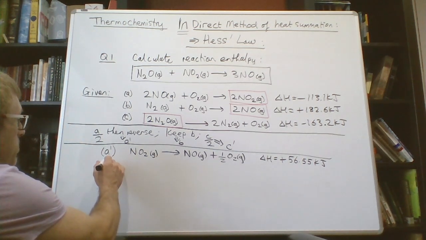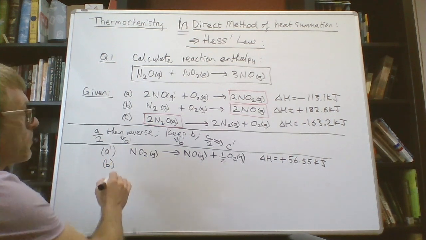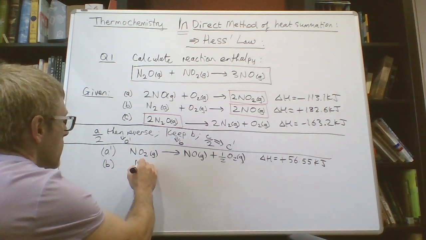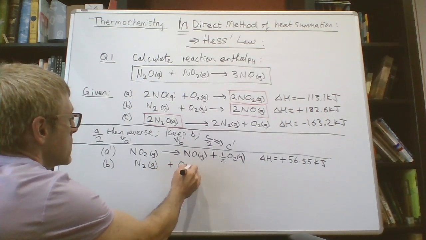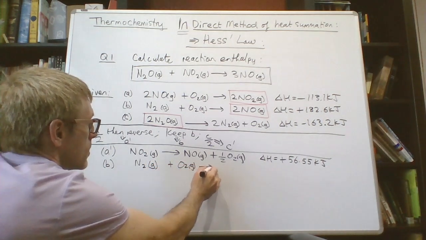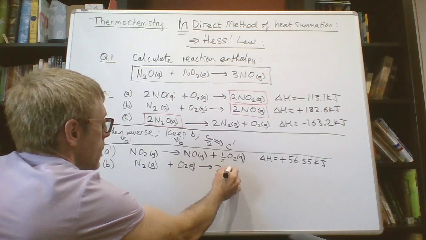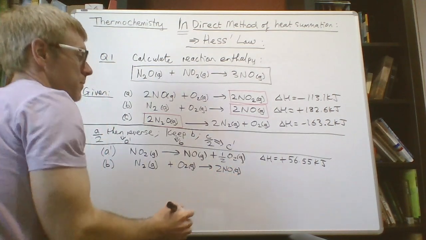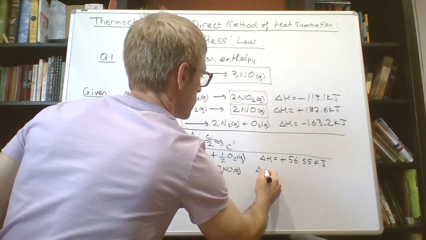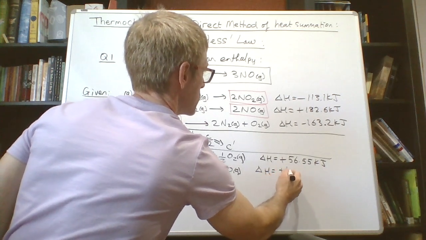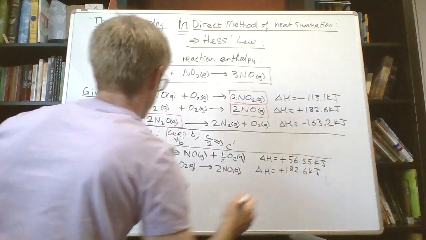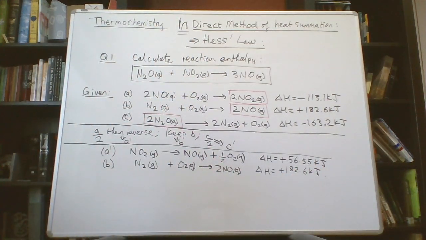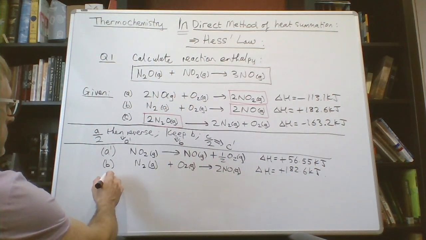I'm just going to keep B, so I'll just rewrite B the same way. So N2 gas and O2 gas to give 2 NO gas. And I'll just rewrite the enthalpy value. Enthalpy is positive 182.6 kilojoules. Then I divided C by 2, so let's call that C prime.